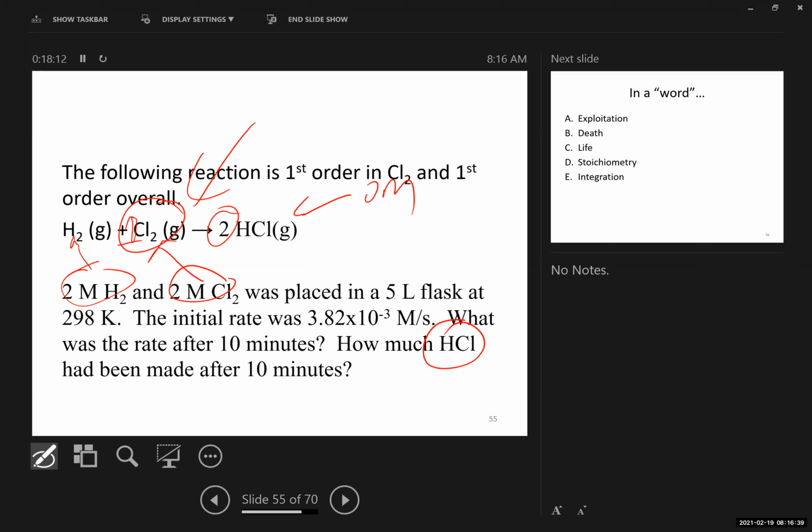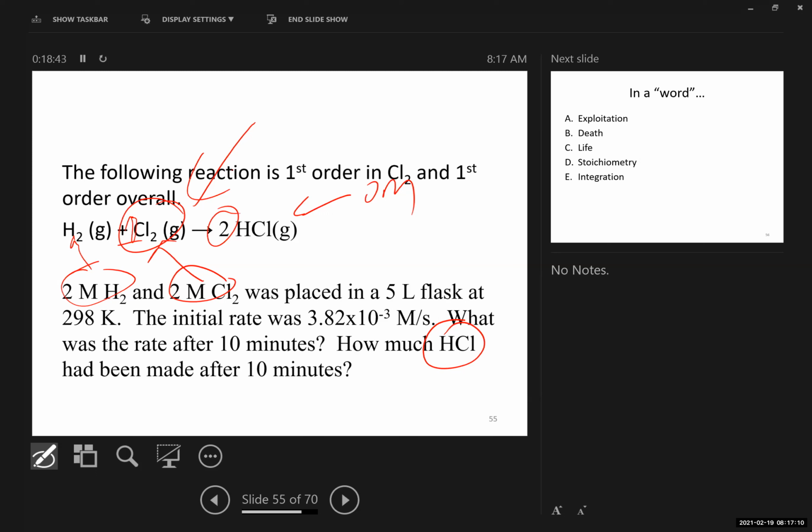There is not a one-to-one relationship between what I throw in the beaker, and not necessarily between what's left over. If I started with 2 and 20, the reaction's over. I have no hydrogen and 18 chlorines. There's no relationship. Stoichiometry only applies to the amount of stuff that actually reacted. In a strange sort of way, stoichiometry really applies to the stuff you don't have anymore.